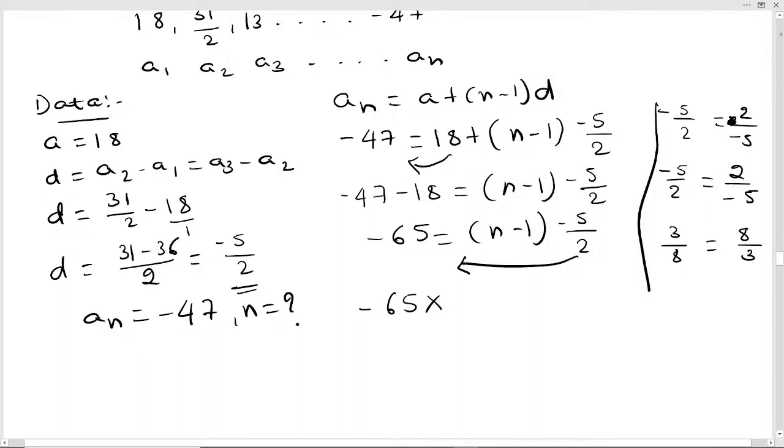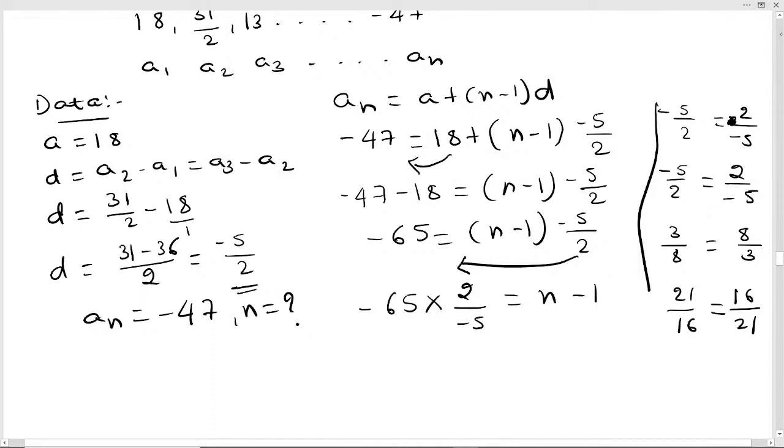Again, if you send 21/16 to the other side, it will become 16/21. In this type of case it becomes the reciprocal. Therefore -5/2 will become 2/(-5) equals n - 1.